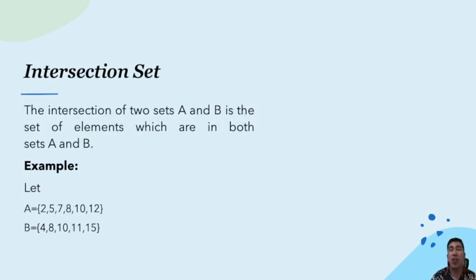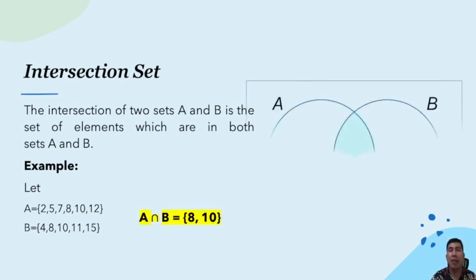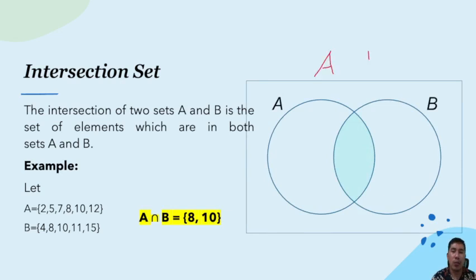Okay, so now let's talk about the intersection set. When you have two sets like A and B, you determine the overlapping parts of these two sets. Using the same sets A and B as earlier, if we depict the intersection of the two sets, we have only 8 and 10.